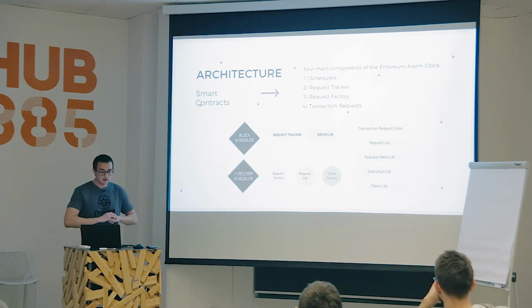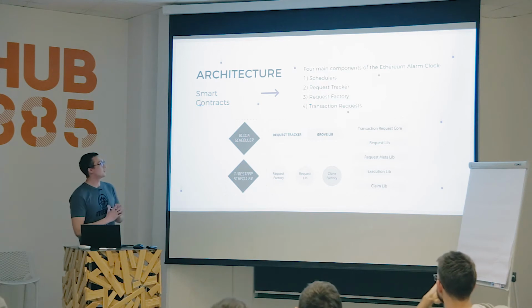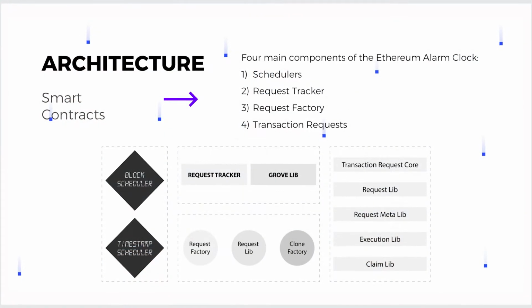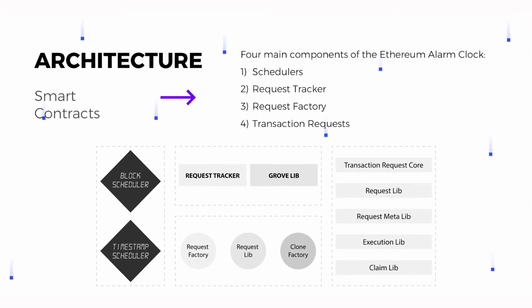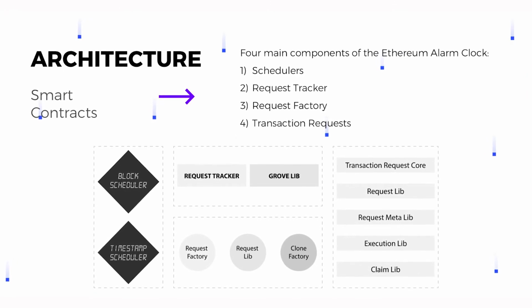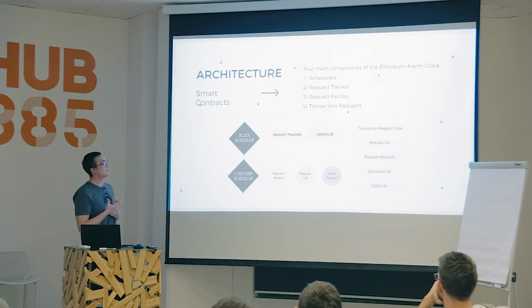So the smart contract architecture can be broken up into 4 major pieces. The scheduled transaction, so the parameters that the user sets, are the transaction request on the far side.